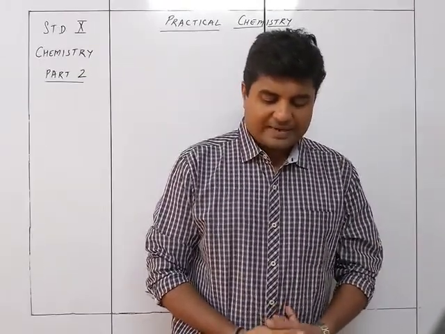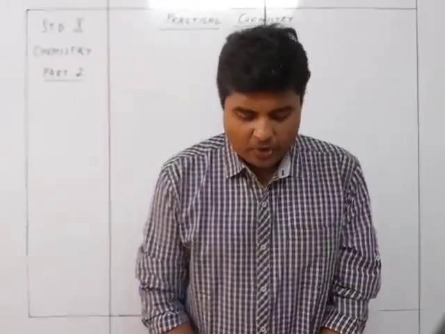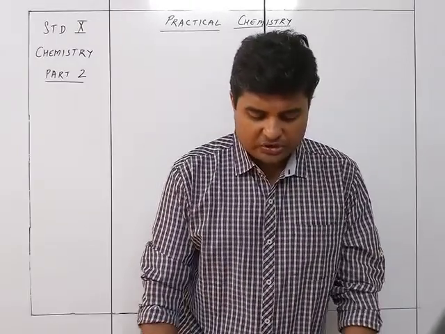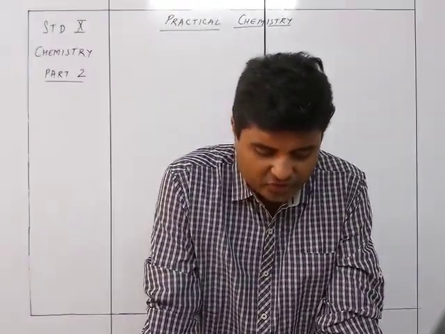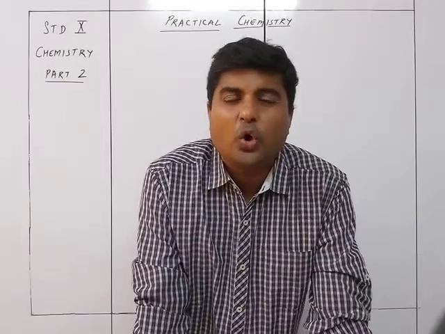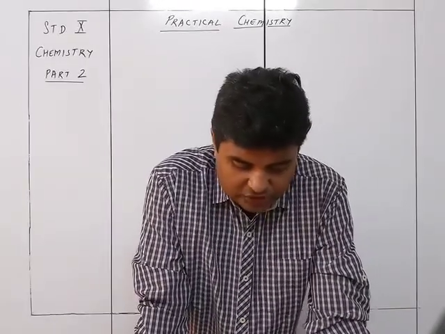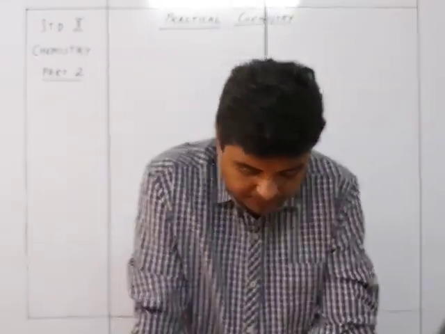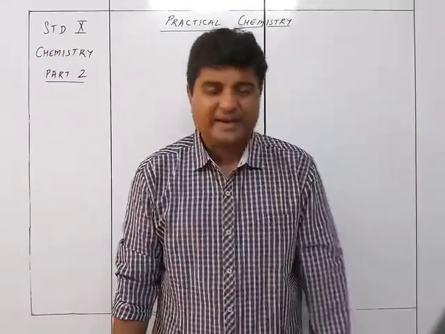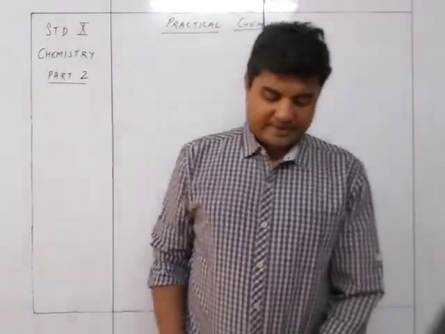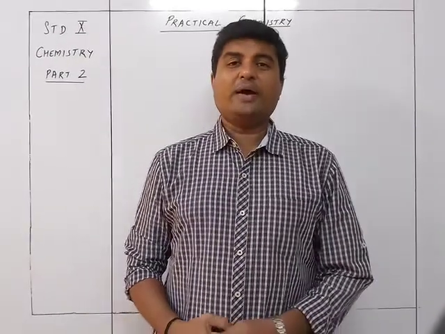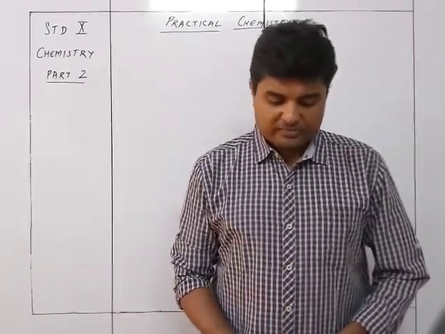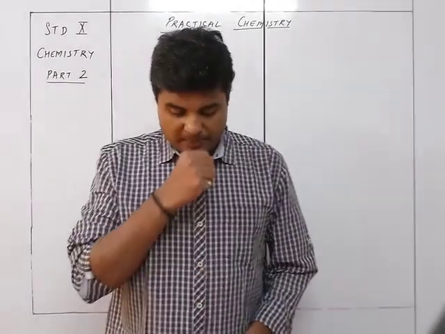So on passage of excess ammonia or excess ammonium hydroxide solution, the pale blue precipitate dissolves to give you a deep blue or inky blue solution of the complex salt tetraamine copper sulfate. So Cu(OH)2 plus (NH4)2SO4 plus NH4OH will give you [Cu(NH3)4]SO4 plus 4H2O.